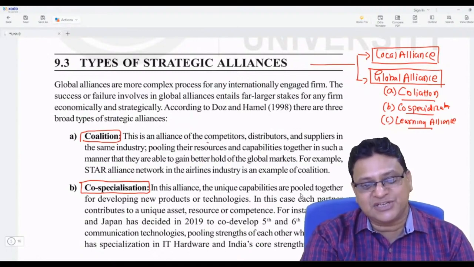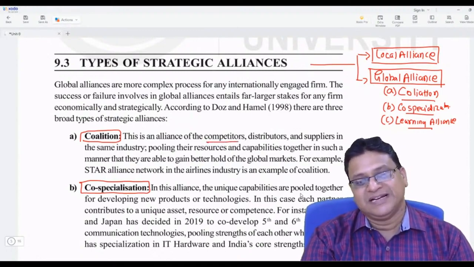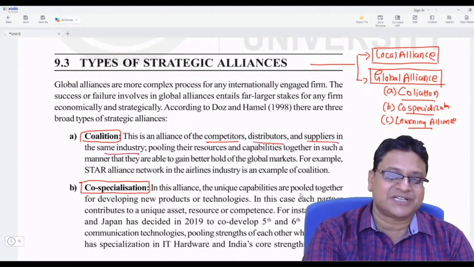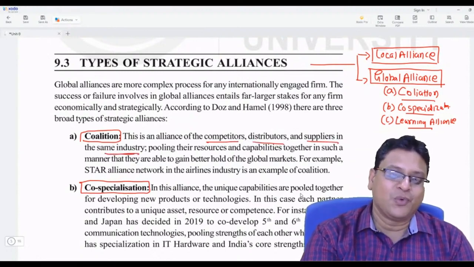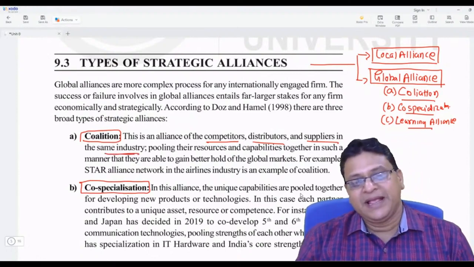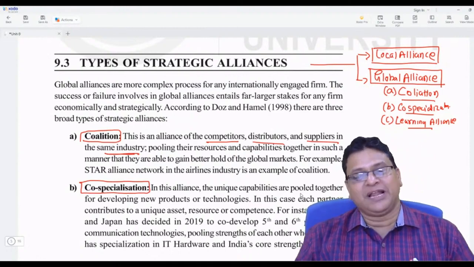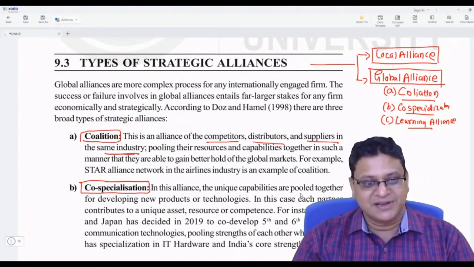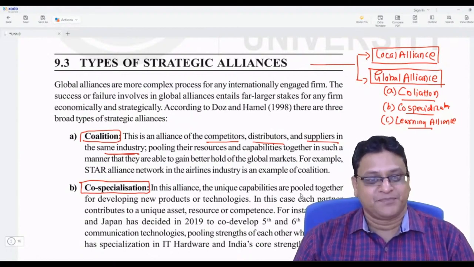Coalition is an alliance of competitors, distributors, and suppliers in the same industry. So if you want to go for coalition alliance, it will be an alliance of competitors. You will ally with your competitor or distributor or suppliers of the same industry.